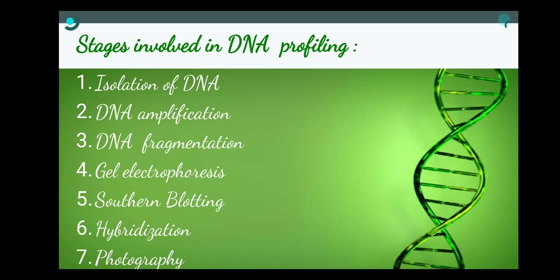We can amplify the concentration of that particular sequence so that we can easily find out the fingerprint, meaning what particular sequence is found in that particular person. Now DNA fragmentation, then gel electrophoresis, then Southern blotting, hybridization, and photography. We'll discuss one by one.